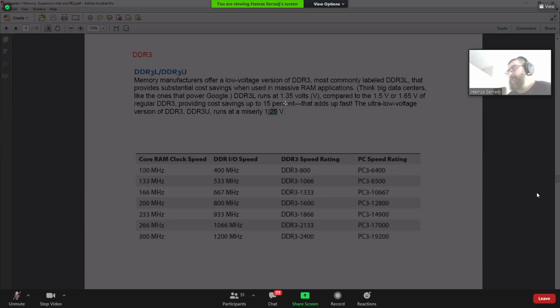It's not for us. Imagine if you have hundreds of thousands of RAM running on servers in one building, a data center. Now we are talking, right? It's not a simple computer. On my simple computer, I put DDR3 or DDR3L or DDR3 ultra low voltage, and the heating is going to be almost the same.